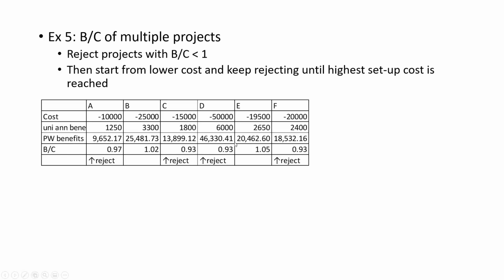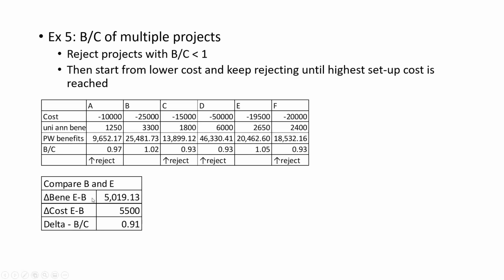So we have only B and E left, and we'll perform the incremental analysis of B over E because B is higher cost. So when we compare B over E, the change in benefits E over B are $5,000. So present value of benefits E over B: 25,481 minus 20,462 will be $5,000 plus.